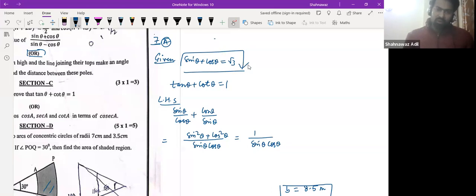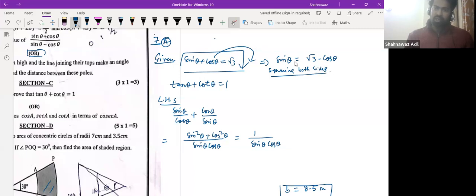So what do we know? If we take this thing to the other side, what would that be? Sine theta equals root 3 minus cos theta, right? And remember, the identity is that we have to use square. So we will square both sides.